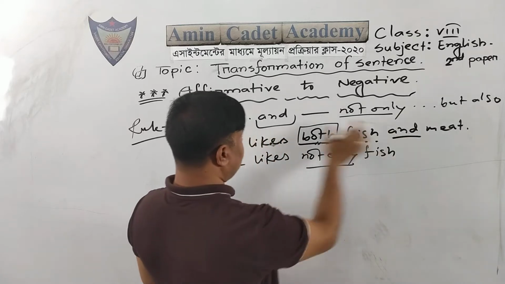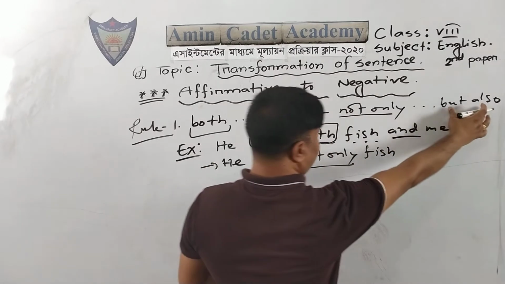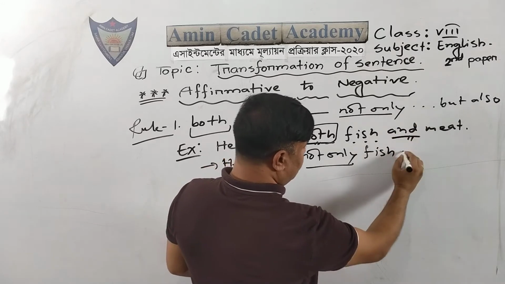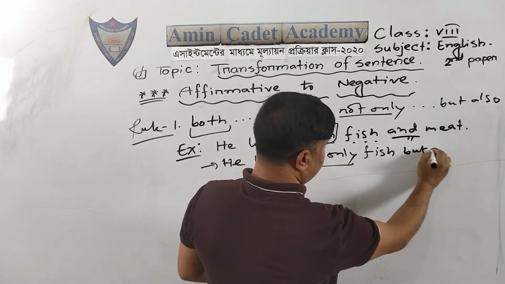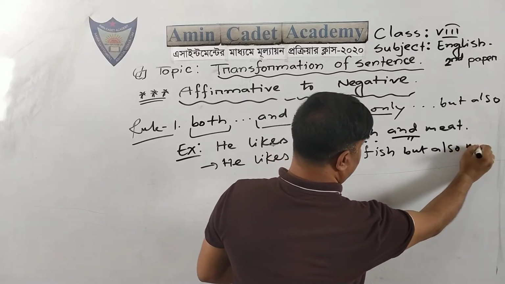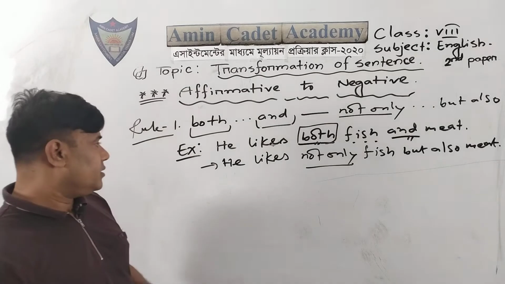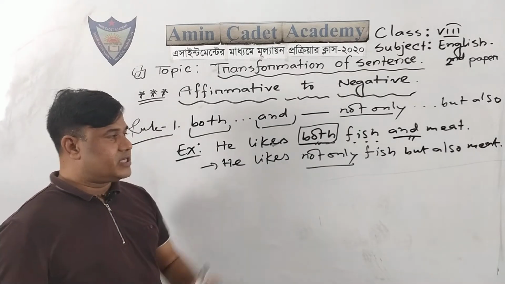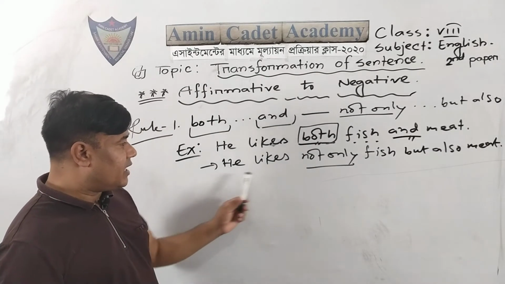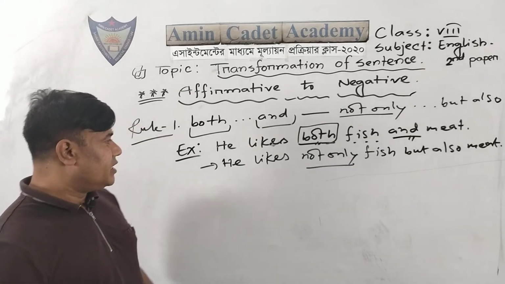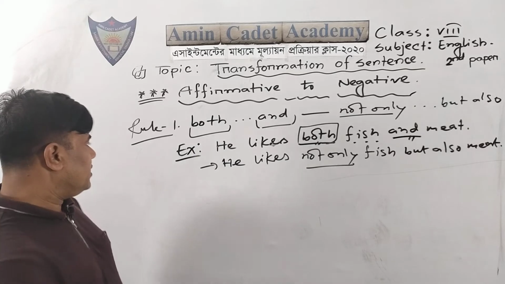Instead of and, you must write but also. That's why you should write here but also meat. Listen to me again. He likes both fish and meat. Here: he likes not only fish but also meat. Clear? Next, come to the next rule.